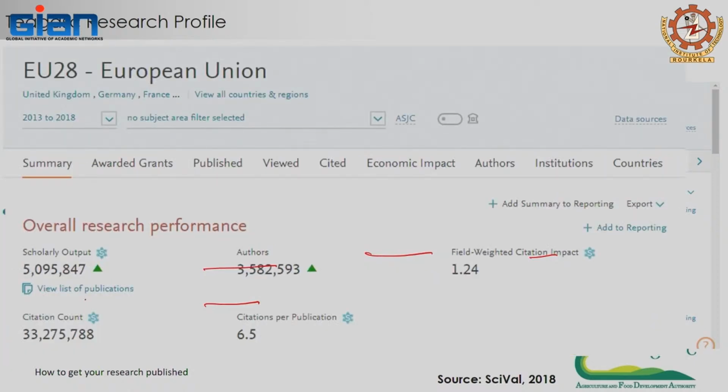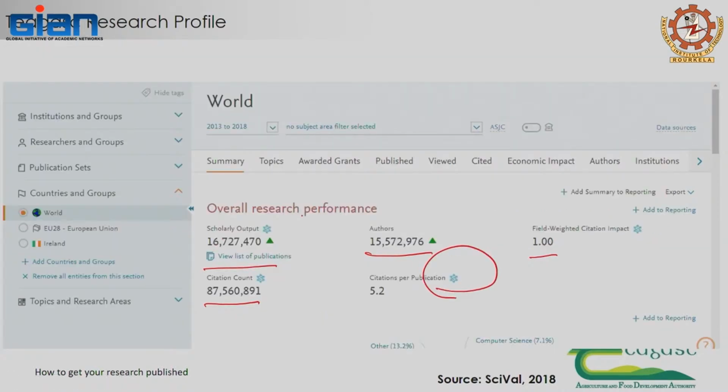If you go with the specific area E28, field weighted citation impact is 1.24. The first one means the total number of research papers published, this has nothing to do with TEAGASC here, between 2013 to 2018 were 16 million papers, published by 15 million different authors.